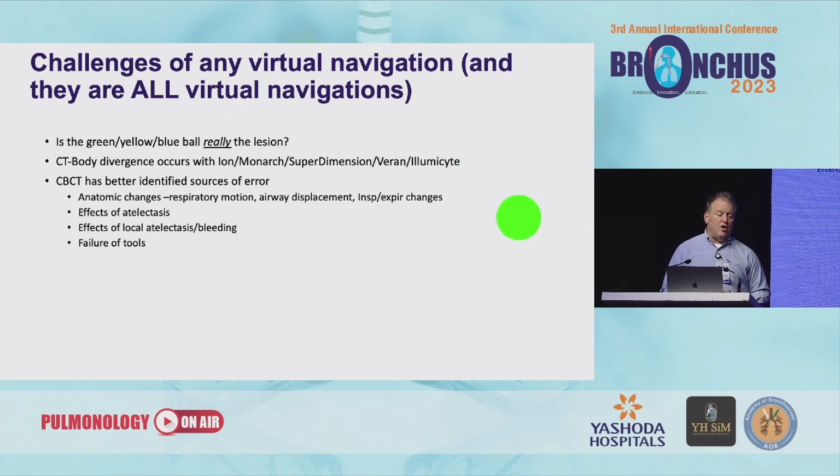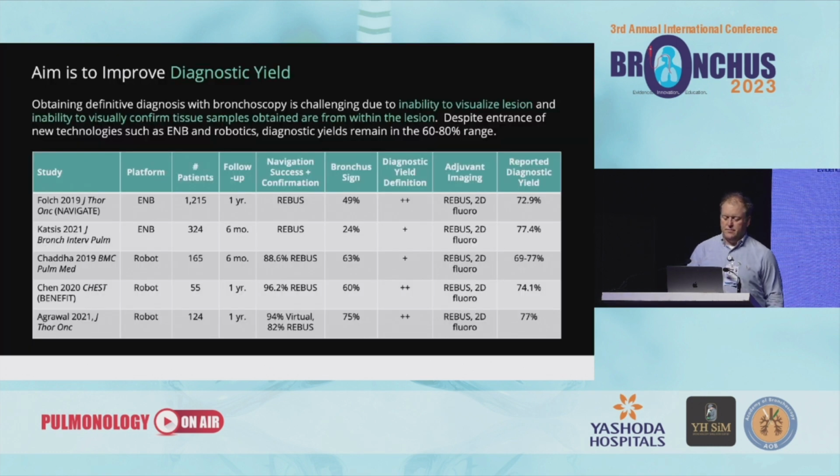There's ultimately failure of all of our tools and an inability to get good samples. Because everything that we're trying to do is based off a CT scan that was done with a patient wide awake, taking a full breath, usually with their hands above their head, and now their hands are to their side, they're sedated, they're paralyzed, they're under anesthesia, they are not remotely in the same position.